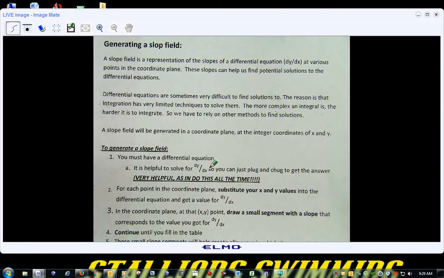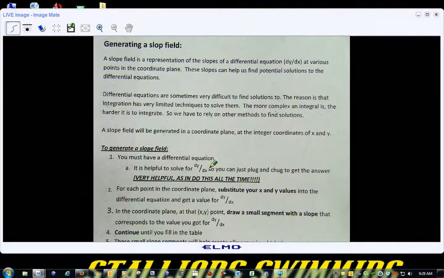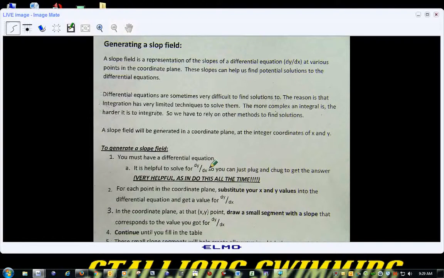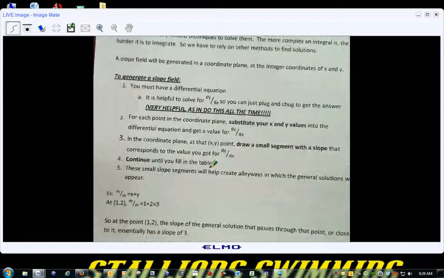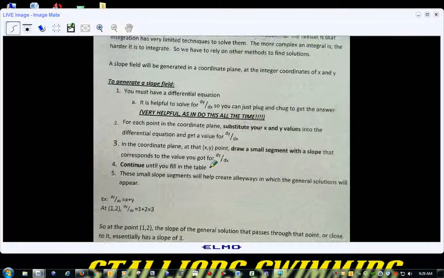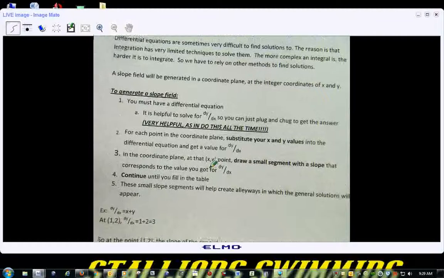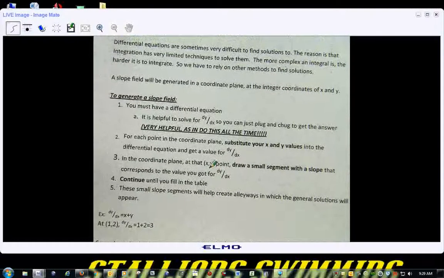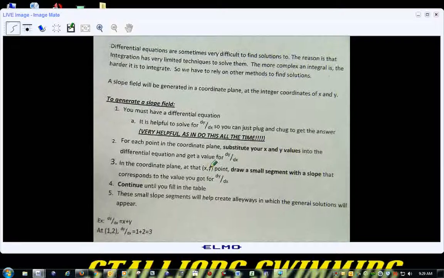But we can still figure out what these solutions are going to look like, and get what we call a slope field, which will give us a framework to get a picture of what these solutions are going to look like. What I gave you is notes that I created about how to generate a slope field, but I think it's best if we actually see what we need to do.